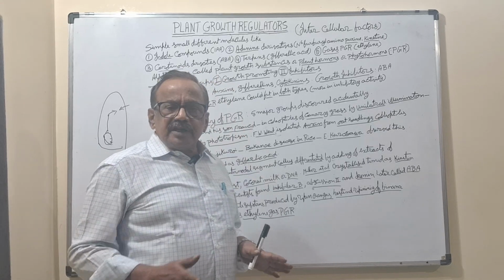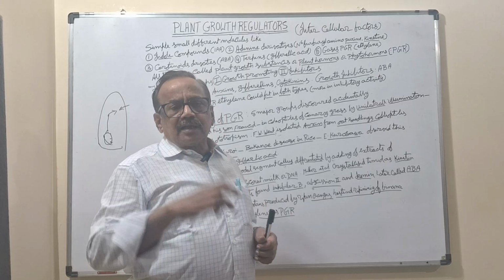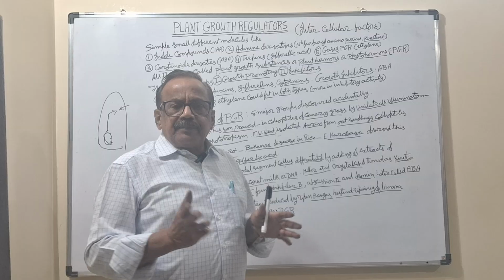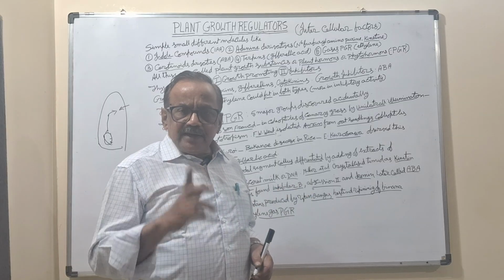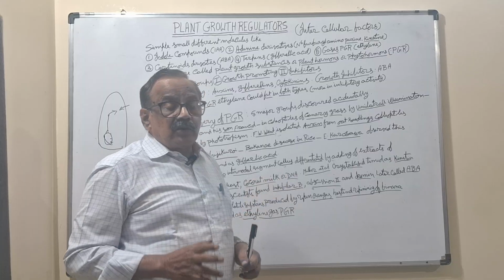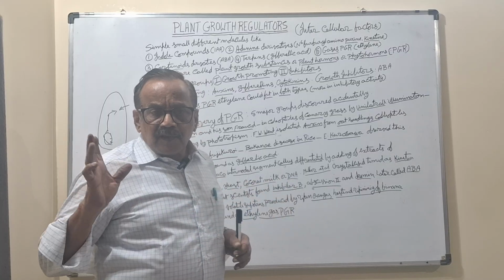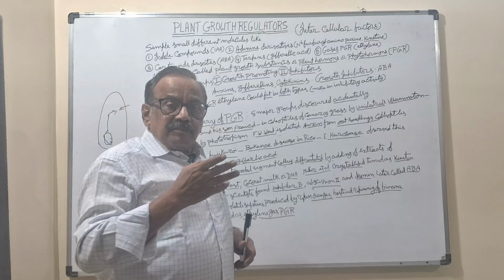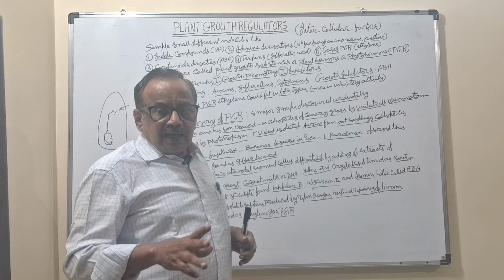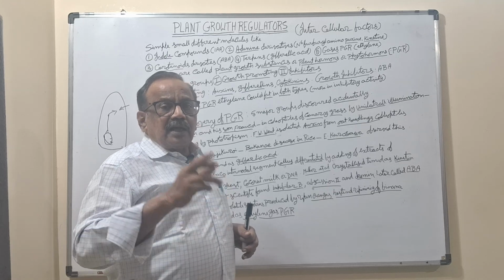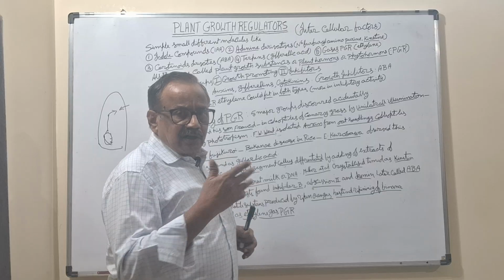In this way, so many names and so many examples came, and they are interlinked with other hormones and previous chapters also. So you must have a proper idea about this to get 30 bits, which can be formed from this easily. There are many names, so it is an important topic, and it is interrelated with other plant growth regulators.